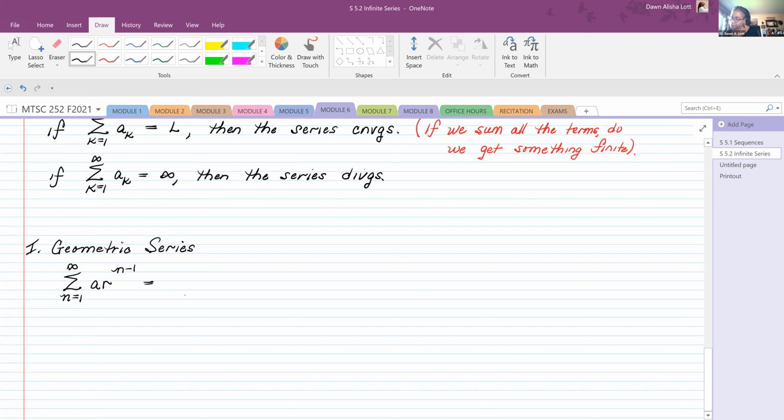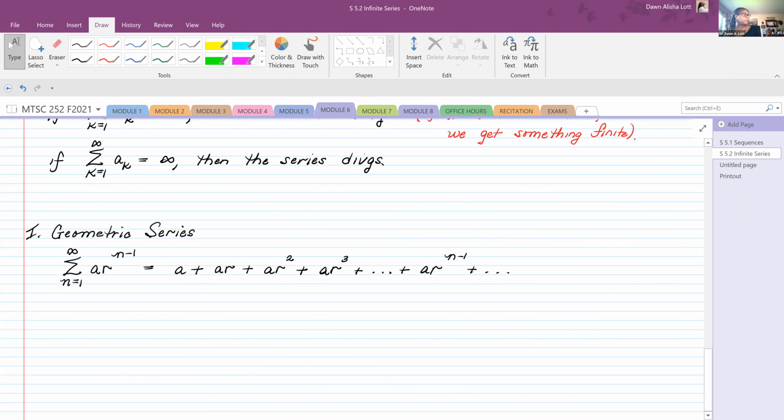When n is 1, I get a. When n is 2, I get a times r to the first power. When n is 3, I get a times r squared. When n is 4, I get a times r cubed. And we keep doing this, a r to the n minus 1. It is the sum of all of these terms. So the one we just did was a geometric series.